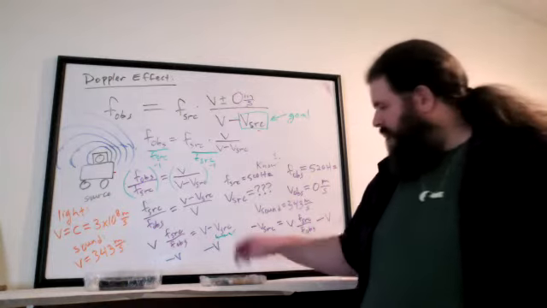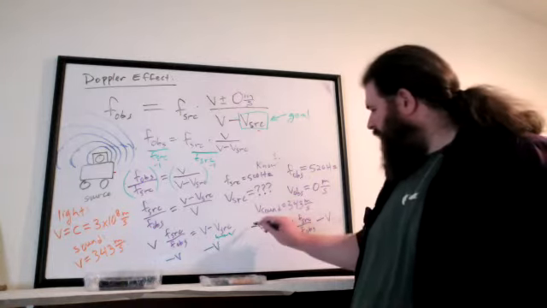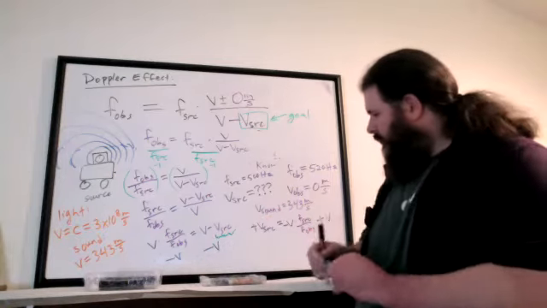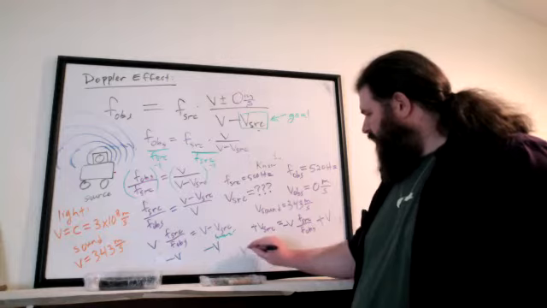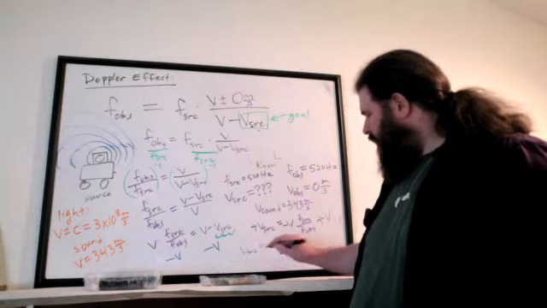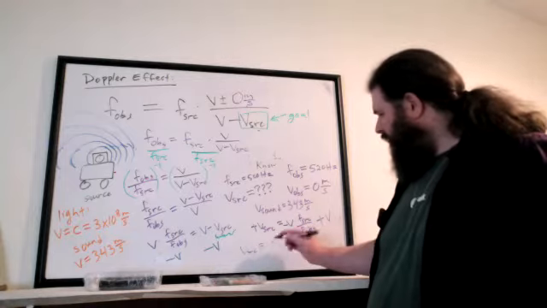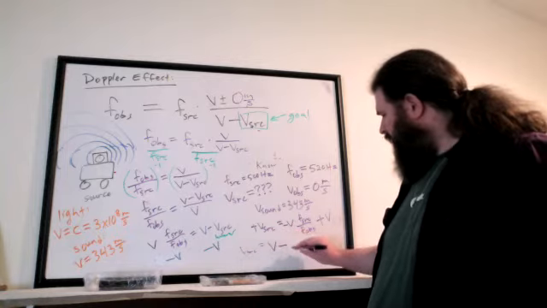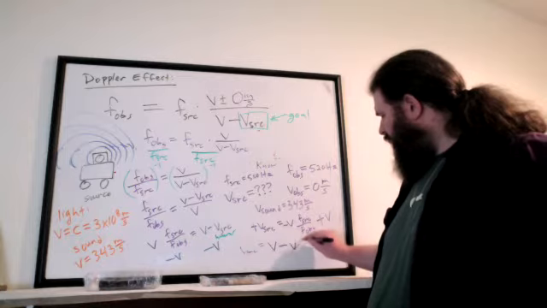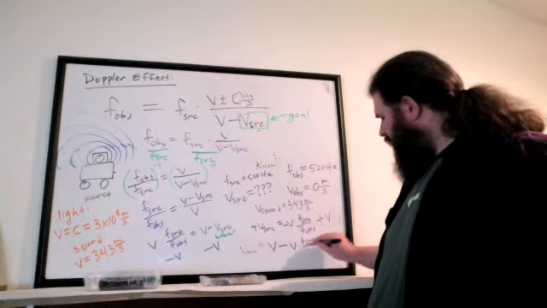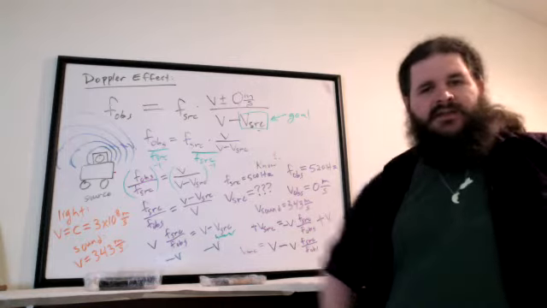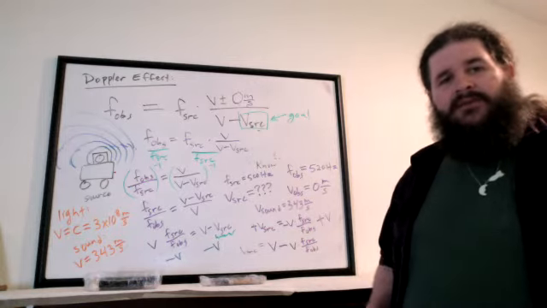Multiply by -1. Yeah, if we just multiply both sides by -1, that changes the sign on everything. So we get V source equals, this one's positive, so I'm going to put that first, speed of sound minus speed of sound times frequency of the source over frequency of the observer. In fact, at this point, we could also go one step further algebraically.